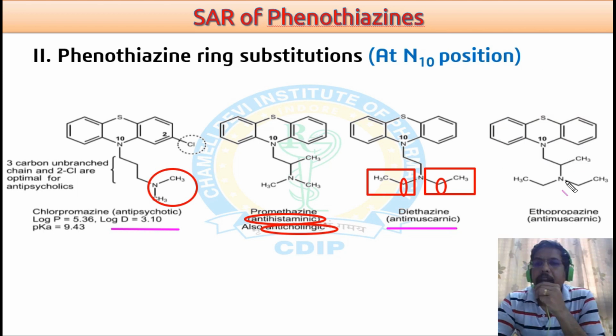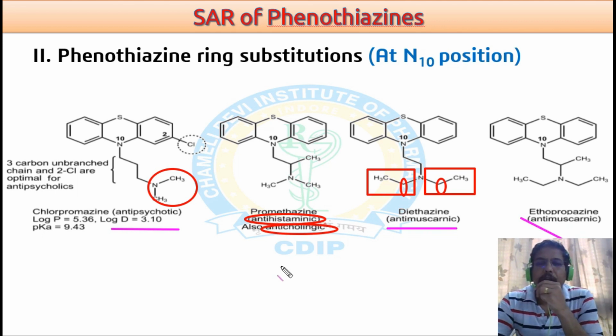Similarly, the diethylamino shifted from the gamma carbon to the beta carbon. In that condition, the compound again shows anti-muscarinic activity.